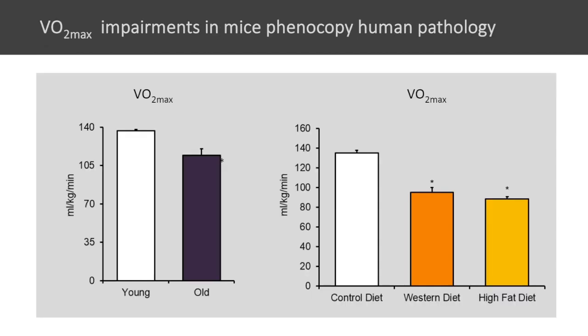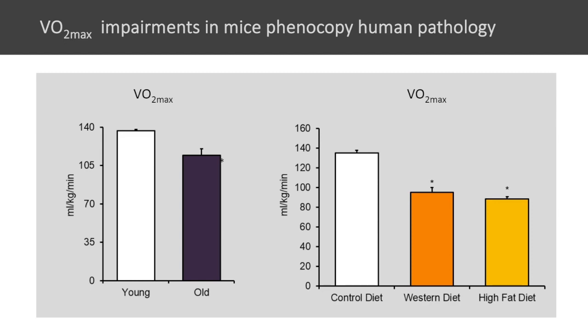So we know that with humans, VO2 max is impaired in conditions such as aging or diet-induced obesity. And so the question is, do we see the same trend in animals? We can start by simply looking at data from animals and seeing that indeed in conditions of aging or diet-induced obesity from either a Western diet or a high-fat diet, VO2 max is also impaired here.